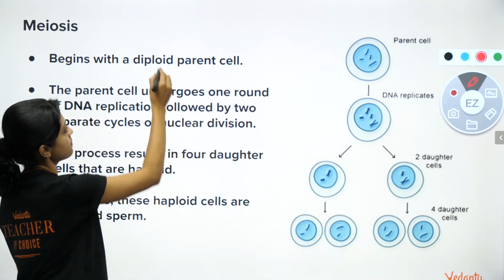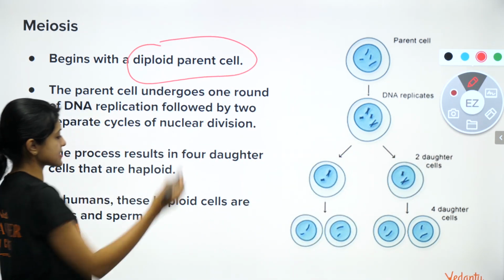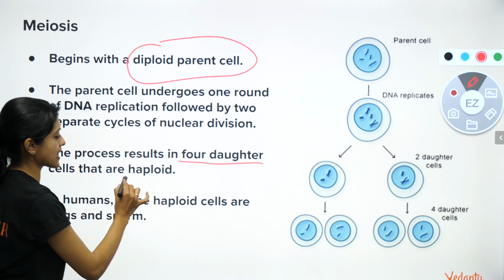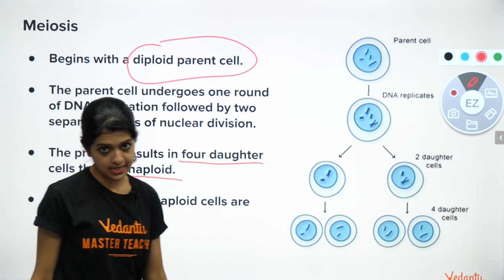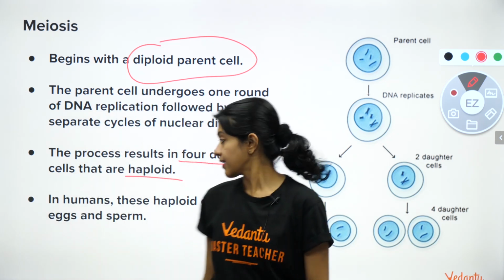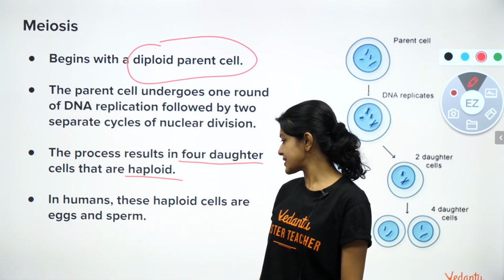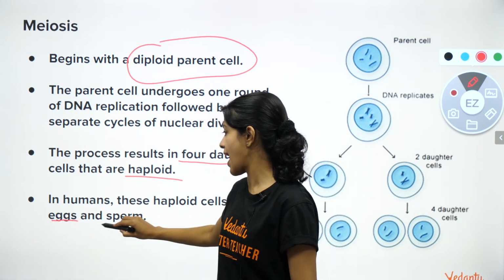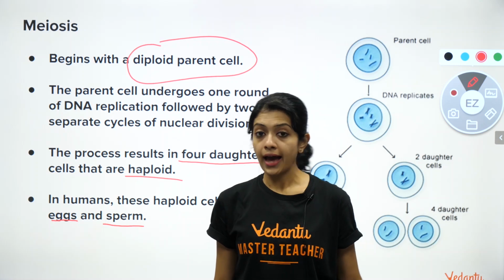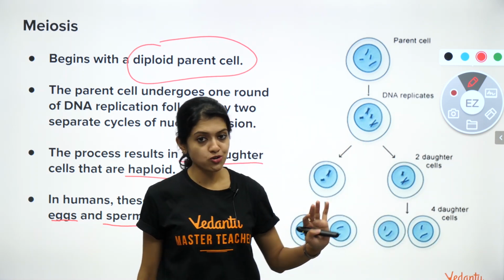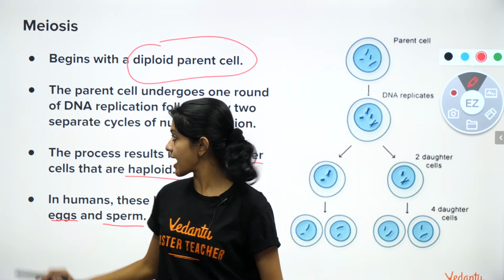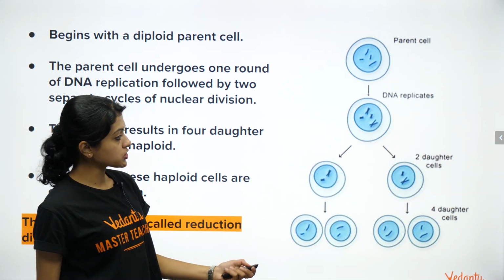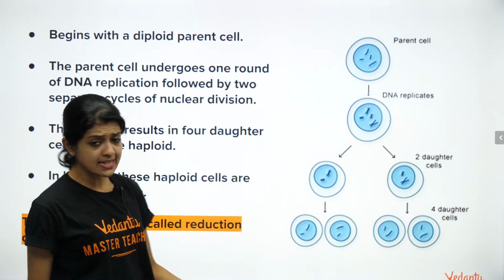We have a diploid parent cell and we have 4 daughter cells that are haploid, right? And in humans, these haploid cells, we've discussed this earlier, are the eggs and the sperm. I hope this much of the process is clear to you. Let's now dive right into the finer details, which are the basic stages.